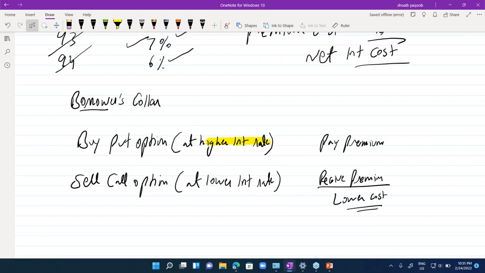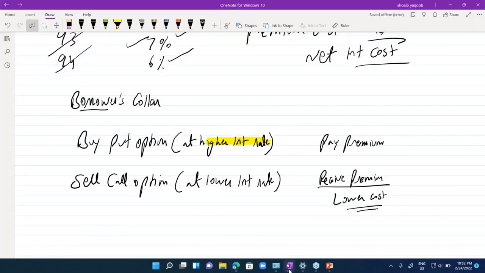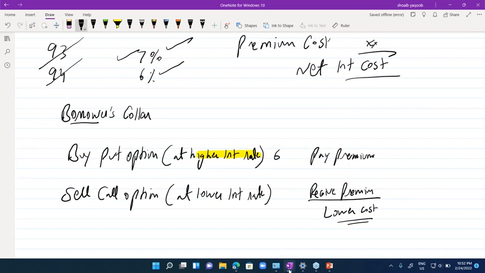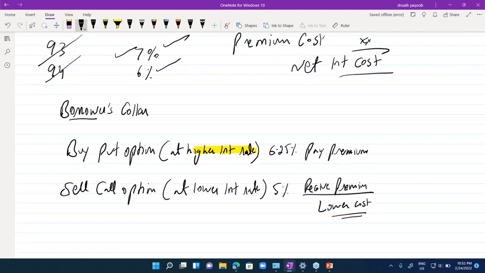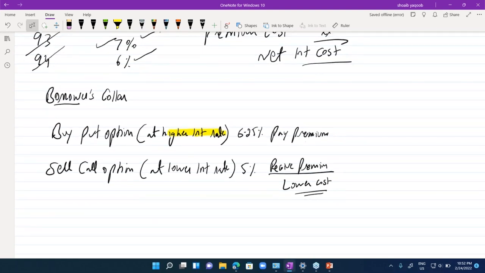For example, guys, if we take our question example, what was the strike rate? 6.25. Put option at 6.25. So let's suppose you have bought the put option at 6.25% and sold the call option at 5%. Let's suppose you have set the collar at 6.25 put, 5% call.